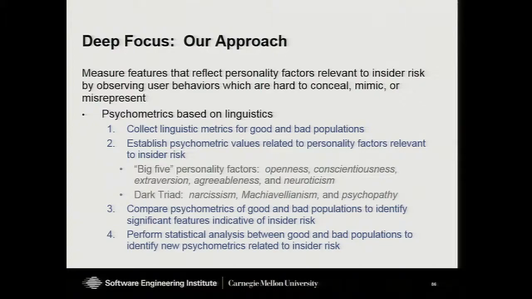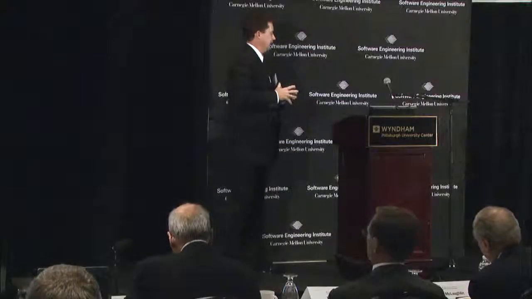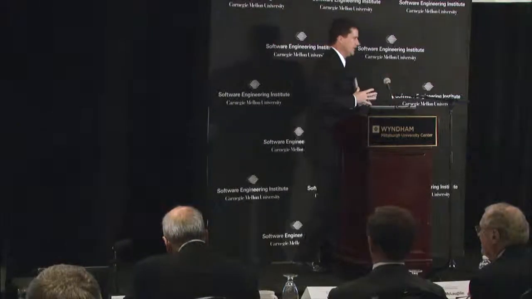Now we're specifically looking for personality factors that research has shown are indicative of insider risk. And so I've mentioned some of those already. There's something called the Big Five personality factors: openness, conscientiousness, extroversion, agreeableness, neuroticism. Neuroticism is not necessarily a bad thing. One of our friends, a researcher at the FBI, did a study on her population and found that she had an extremely high percentage of narcissists compared to a general normal population.